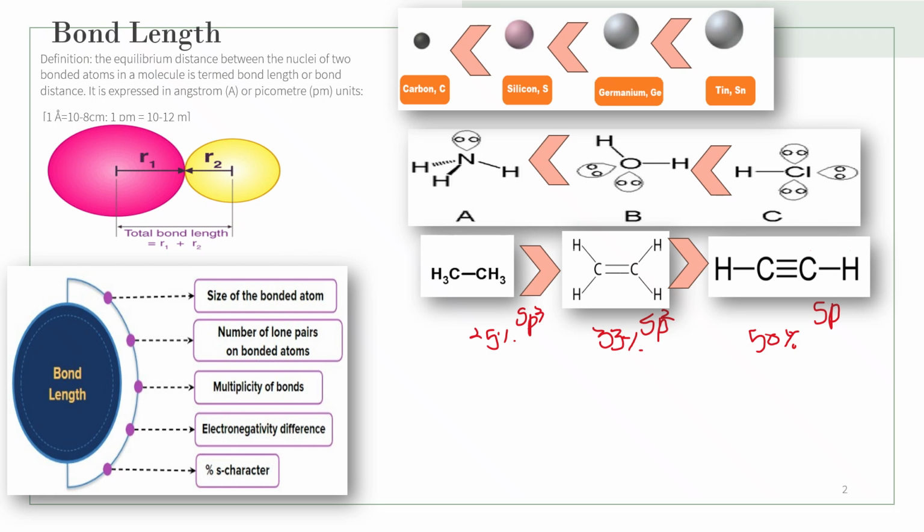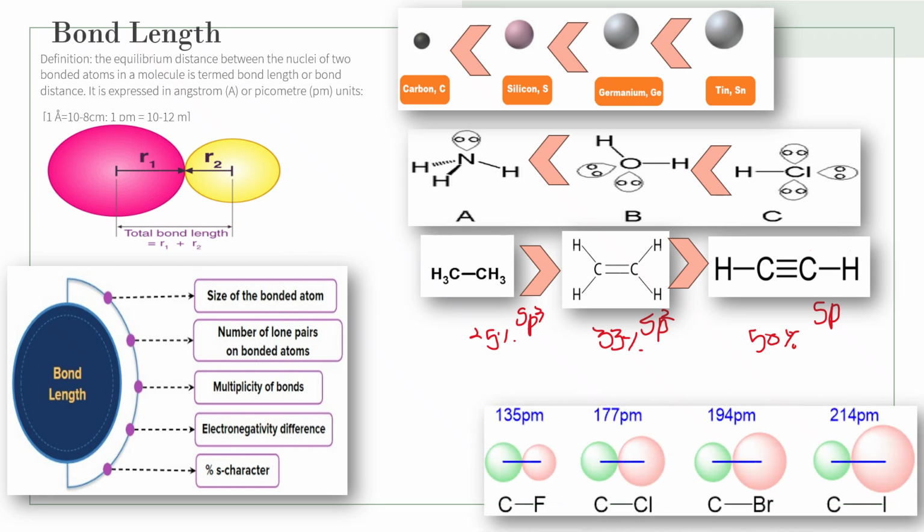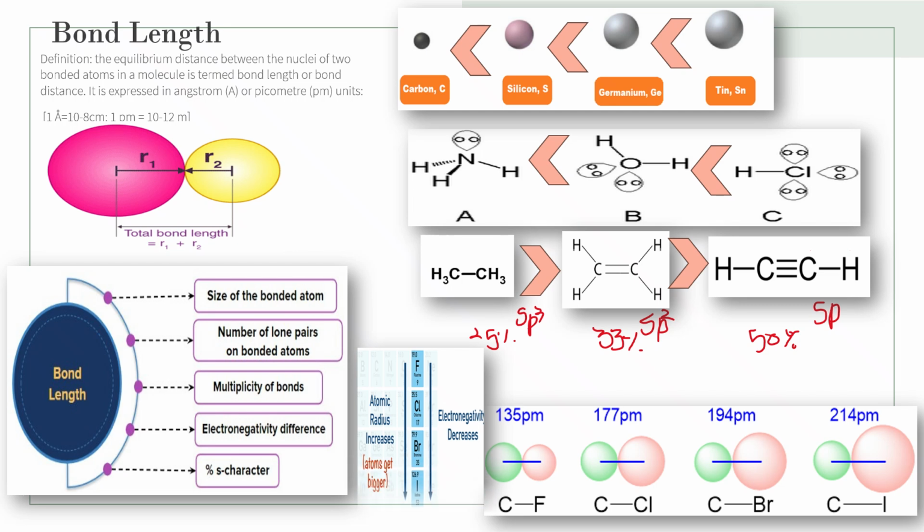Next one is electronegativity difference. In halogens from top to bottom, electronegativity decreases. Fluorine has the highest electronegativity and iodine has the least electronegativity. If these halogens are bonded with carbon, then based on the electronegativity difference, fluorine has the highest electronegativity and carbon has less electronegativity compared to fluorine.